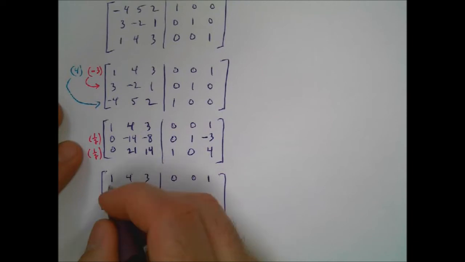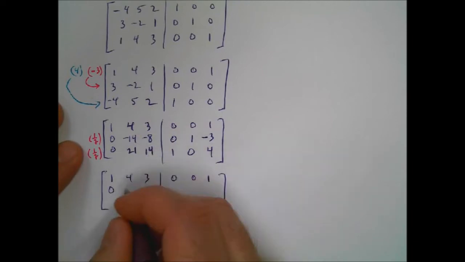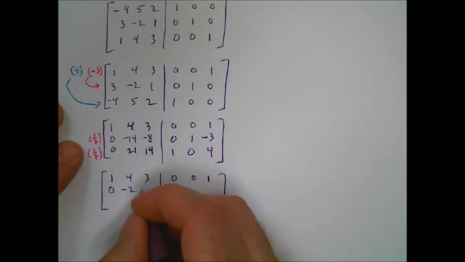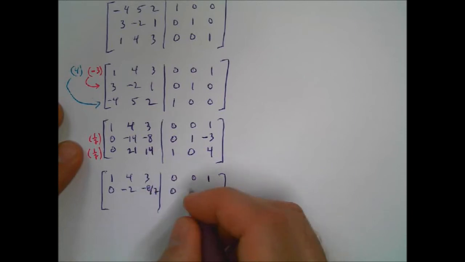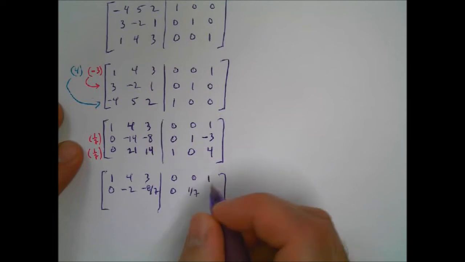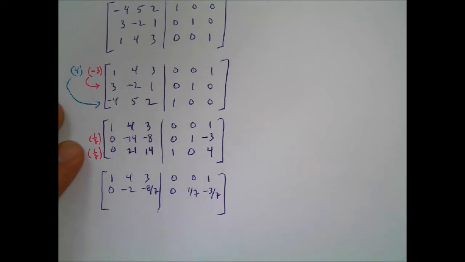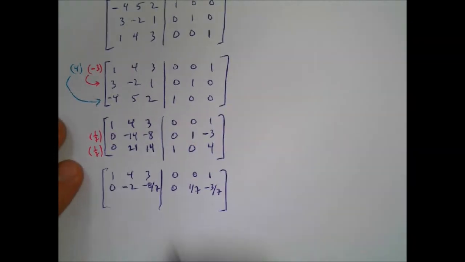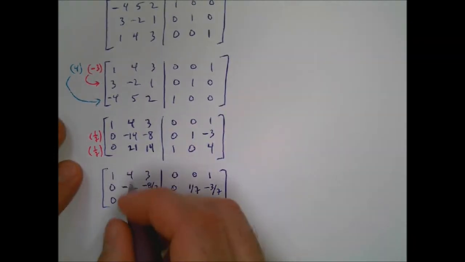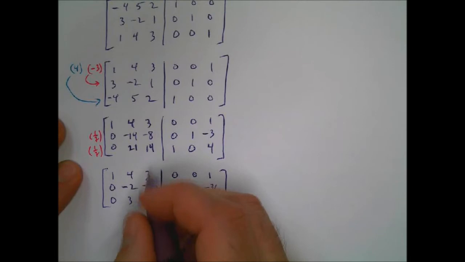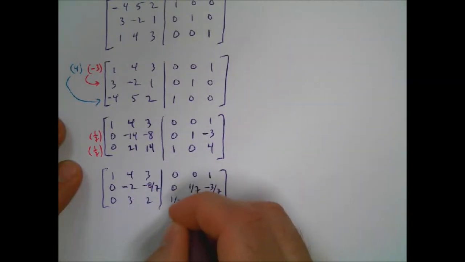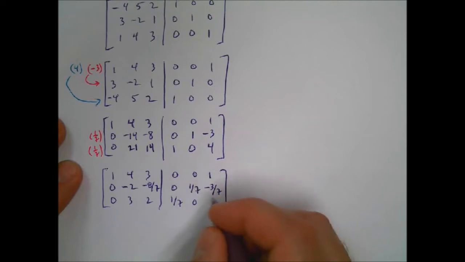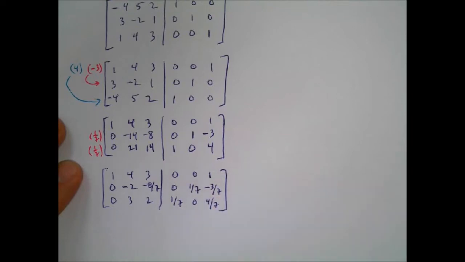Okay, I get 0, -2, -8/7, 0, 1/7, -3/7. And then I get 0, 3, 14/7 is 2, 1/7, 0, 4/7.